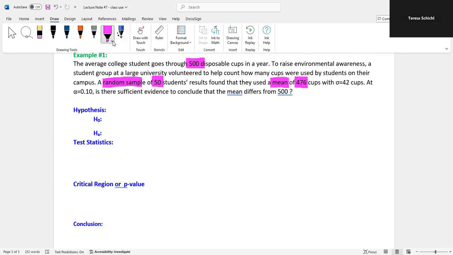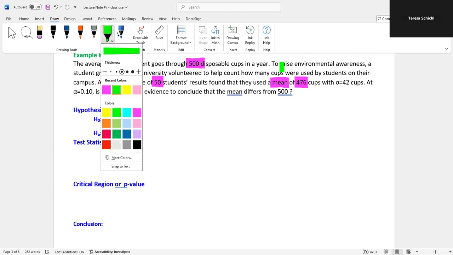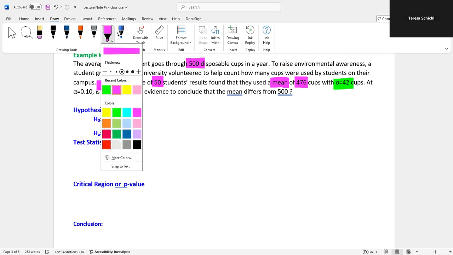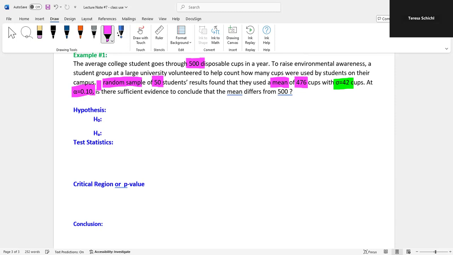And here they say sigma is equal to 42 cups. And now the alpha value is equal to 0.1. So this is to test whether the mean is different from 500. All these are the key pieces of information for this problem here.